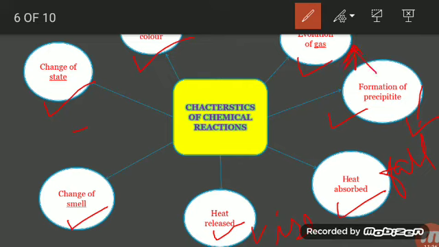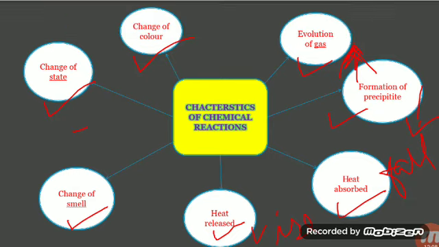For an example, for evolution of gas, when ammonium chloride is heated at a very high temperature, that is 340 degrees Celsius, ammonia, that is a gas, with the symbol up arrow is indicated, plus hydrogen chloride that is formed.